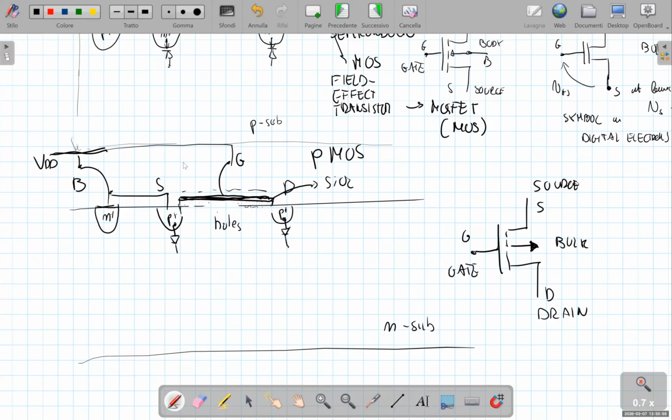But if we apply a negative voltage to the gate, so we have a positive source-gate voltage, that means that the gate is at a sufficiently lower potential compared to the source and to the bulk, we induce these positive charges on the surface of the silicon under the silicon dioxide, and thanks to this channel, the drain and the source are electrically in contact, and we may have current flowing from the source to the drain in this way.